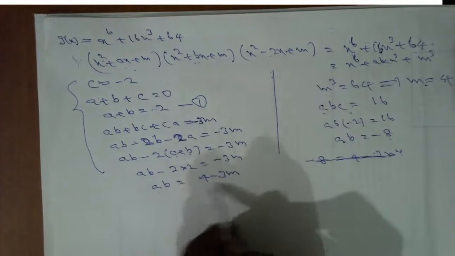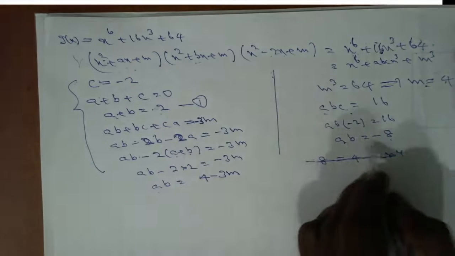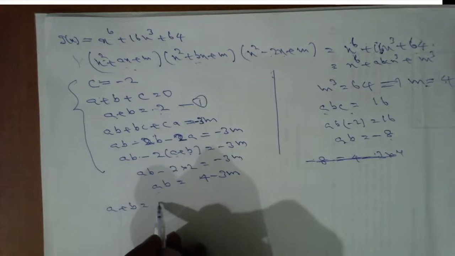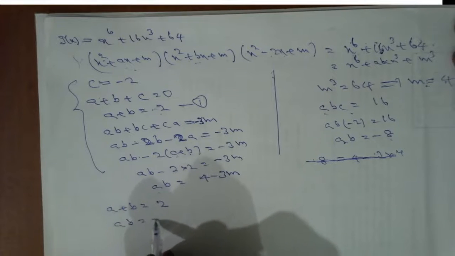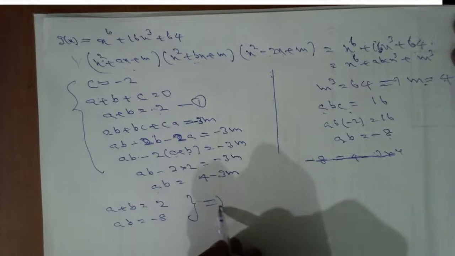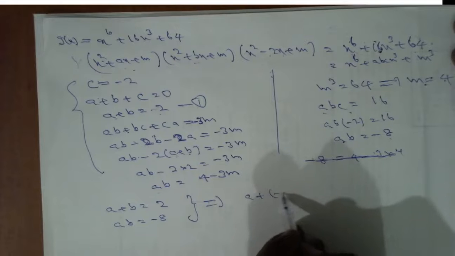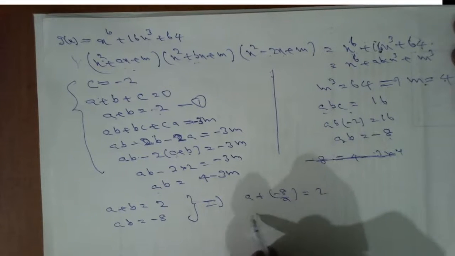Now a plus b equals 2 and ab equals minus 8. Now you can solve this. From these two you have a plus minus 8 over a equals 2.